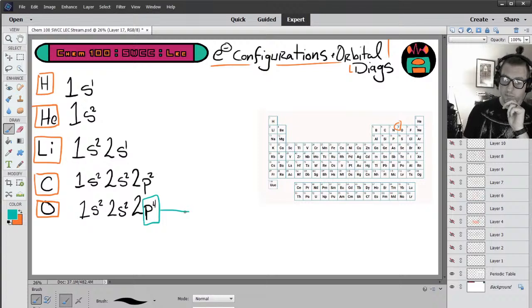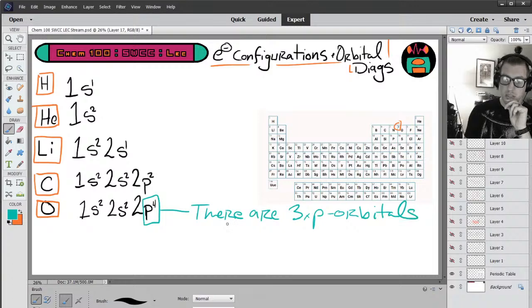Remember, there are 3 p orbitals in every p subshell.